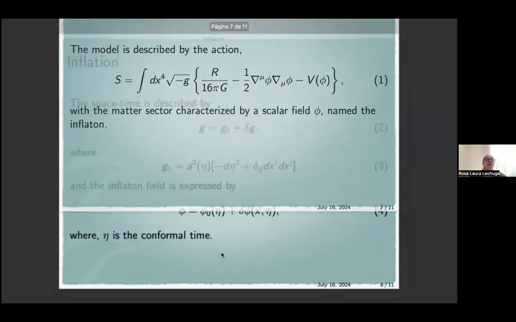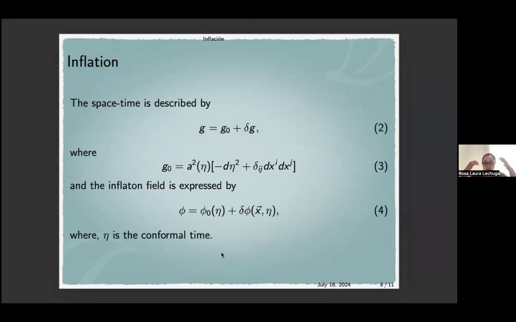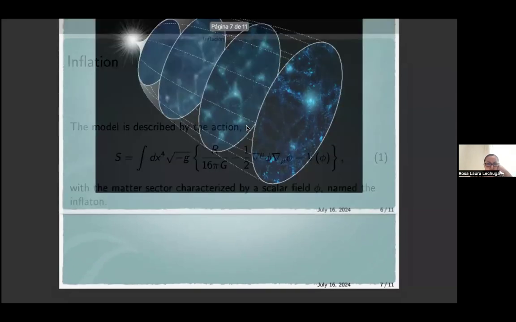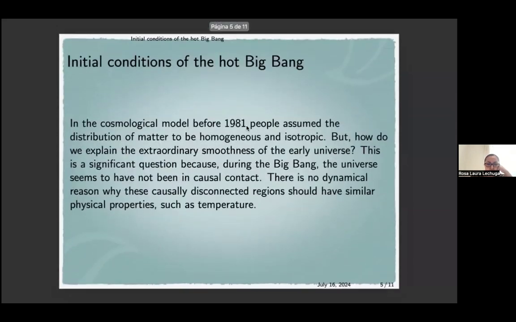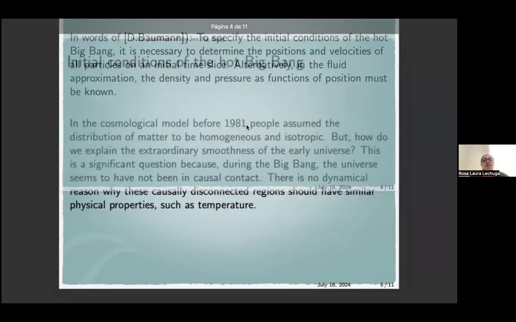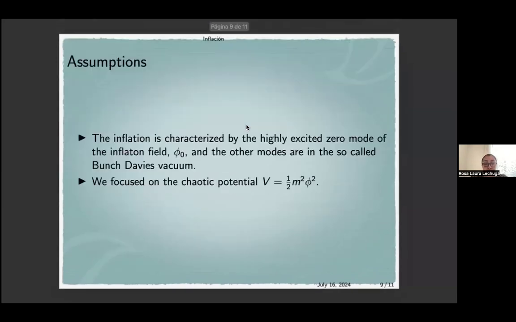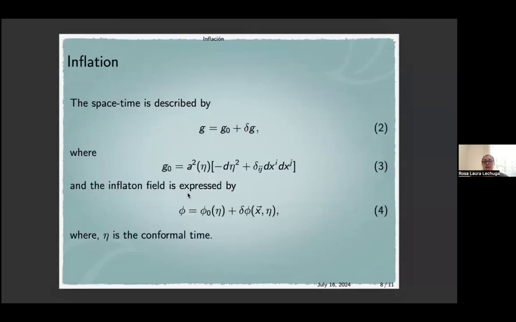And now let me talk about one thing. I'm not sure if I put the reference of Linde. I'm going to send you the first paper of inflation. In that paper, the people tried to solve the horizon problem, the problem with causally connected regions, and different kinds of problems that they had at that time.